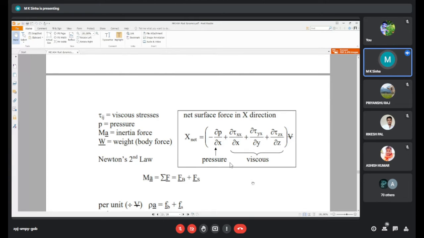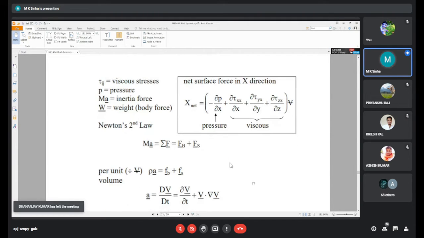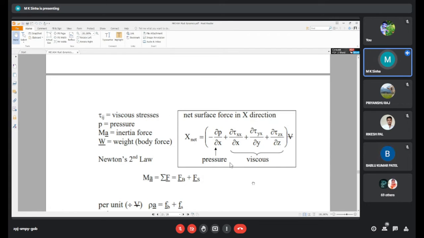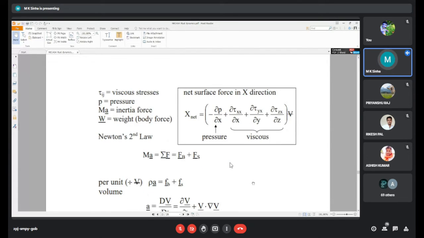There are two types of forces: one is the body force due to its mass, and another is the surface force due to the viscosity of the fluid. That gives the net surface force along the x direction, written here as the pressure gradient and shear stress into the volume.